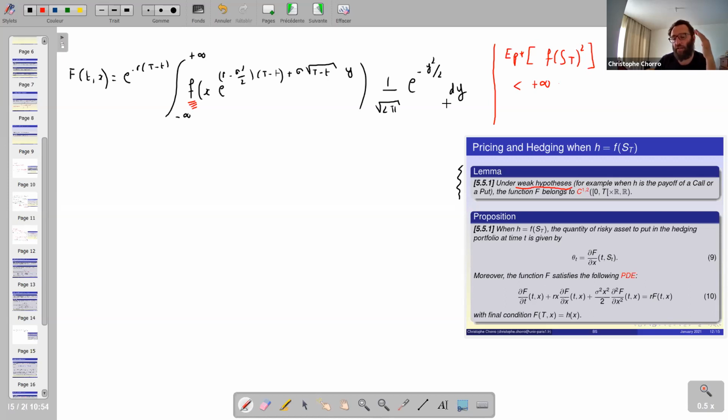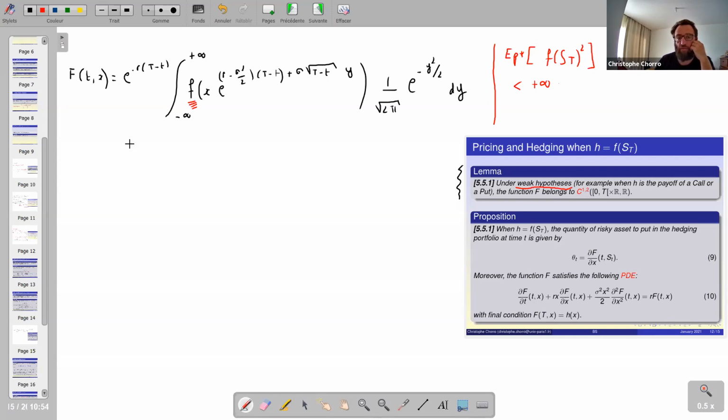But if you want to apply Lebesgue regularity theorems, in general, what you have in the integral has to be regular. And here it's not the case, because a priori f is not regular in the sense of continuity, differentiability, and so on. I have no such hypothesis for f.